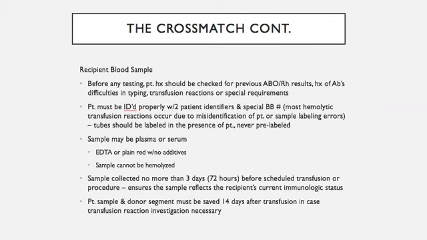So you've got a patient sample and a donor segment. So each donor unit of red cells has little samples that are attached to that blood bag so that you can pull those little segments off for testing.